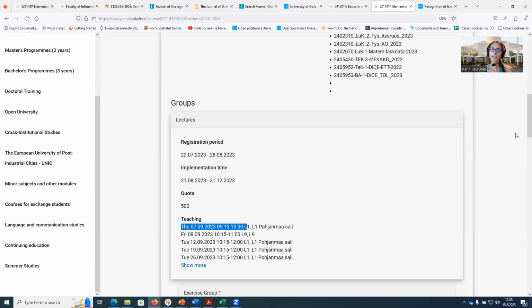There is also usually the possibility during summer to take some courses, which means it's even possible to complete some optional studies during summer, but almost all of our mandatory courses are such that there is no possibility to complete them during summer. So that's why, first of all, make sure you're able to participate in the mandatory courses and then select optional courses based on making sure that you are able to complete the mandatory courses.